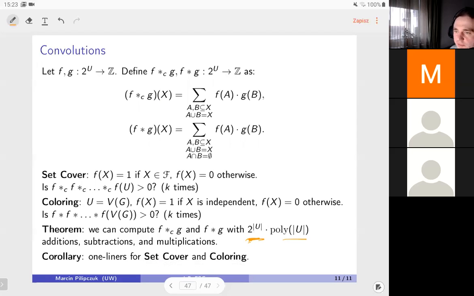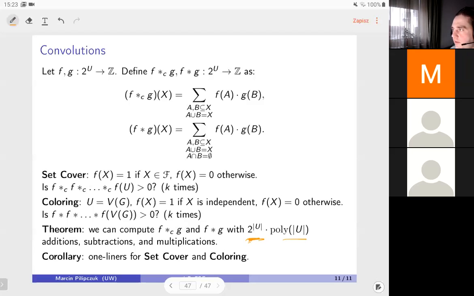Maybe for set cover and coloring this is a bit of an overkill, but during the tutorials you will see a number of examples. In particular, graphs of bounded tree width appear, and I think Wojtek will be doing some examples there. Dominating set is the prime example, where different types of convolutions like that are very useful to speed up computations in a join node in dynamic programming on graphs of bounded tree width.